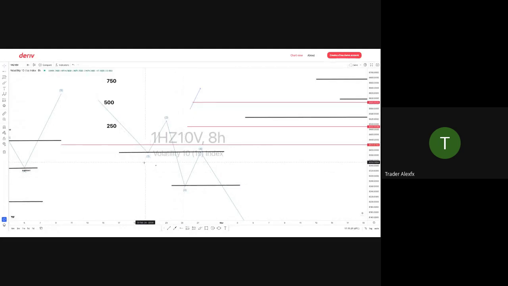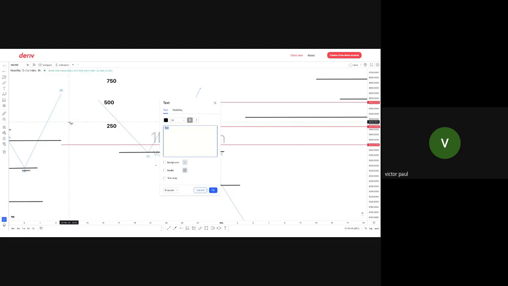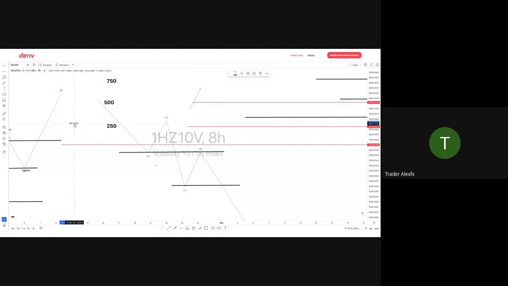So where will I put my buy limit? The buy limit should be at 2. Anybody else?